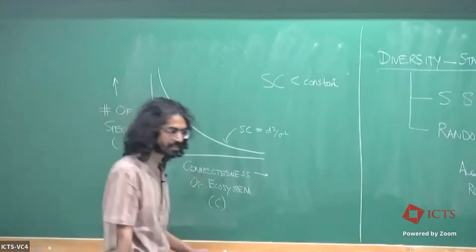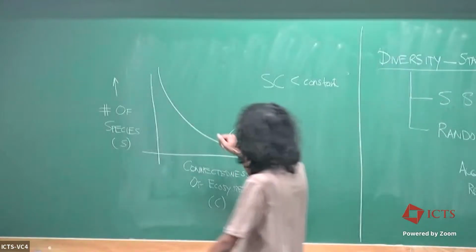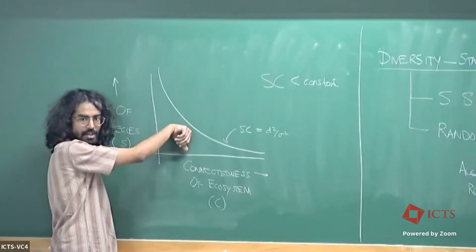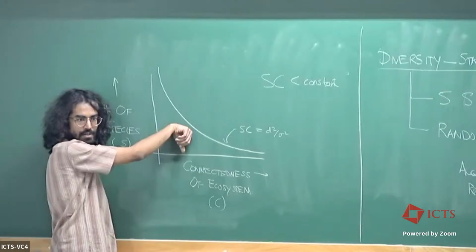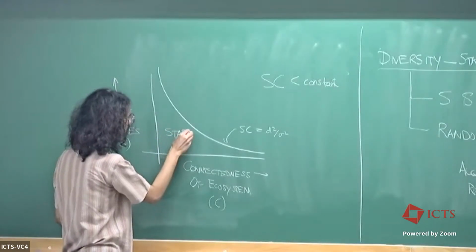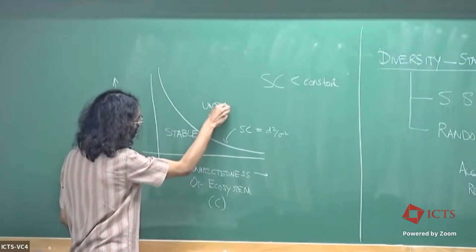You either are stable or unstable. Okay, quick question. Are you stable up or stable down? Ready? 3, 2, 1. Stable down, right? These are all things that are stable. These are all things that are unstable.